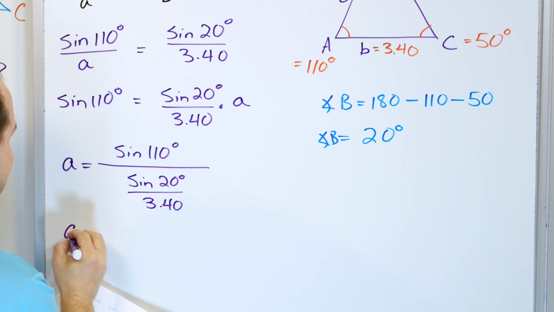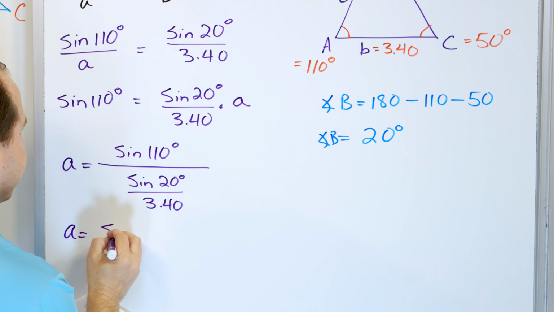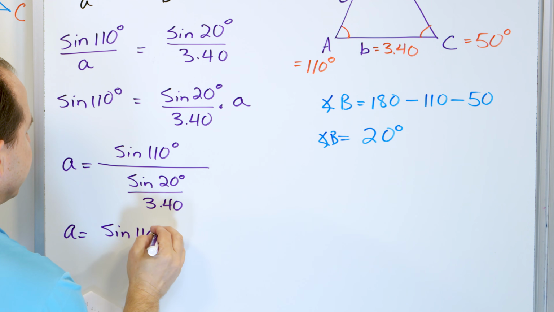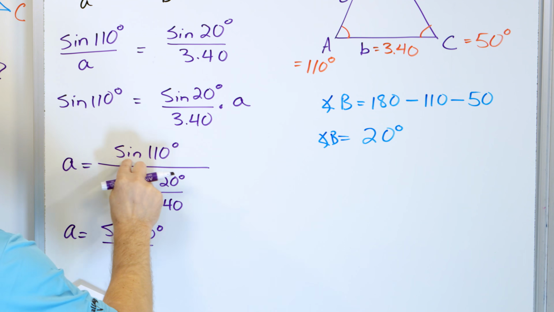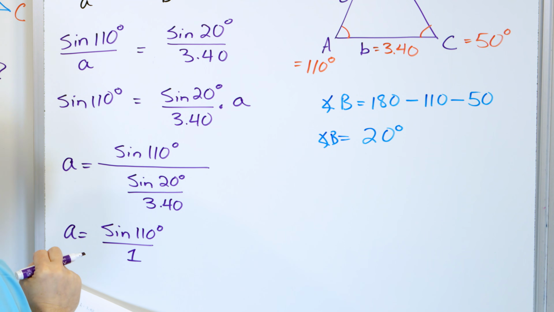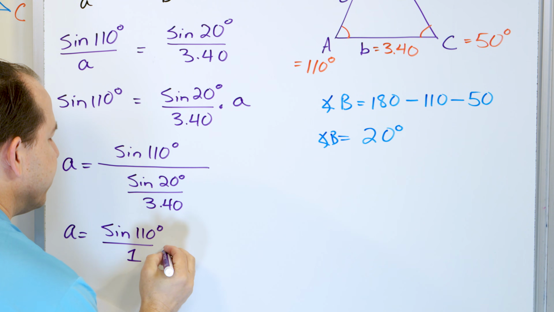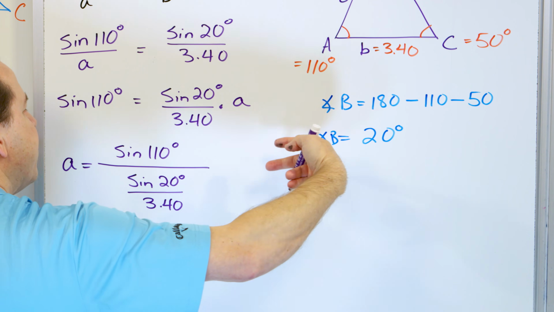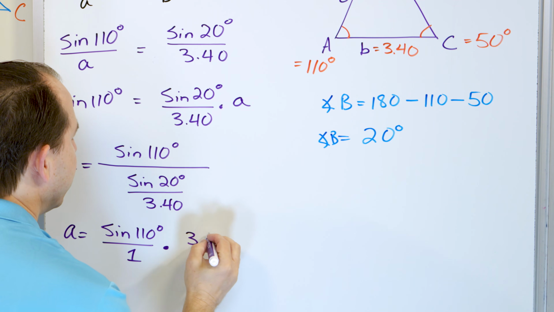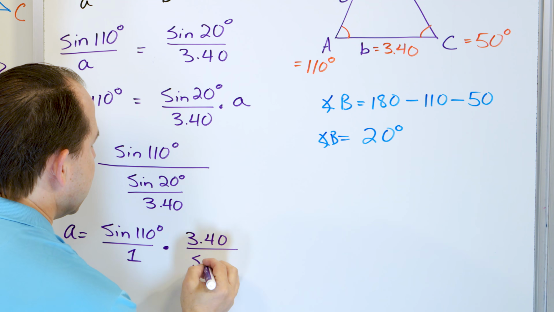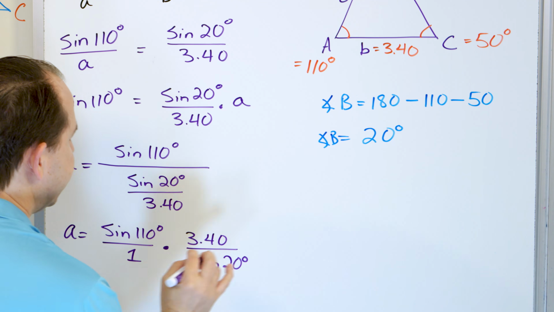So to actually calculate it, the numerator, you can write as sine of 110 degrees over 1, because every numerator you have is this thing divided by 1. Change the fraction division to multiplication, take the second fraction and flip it and multiply 3.40 divided by the sine of 20 degrees.